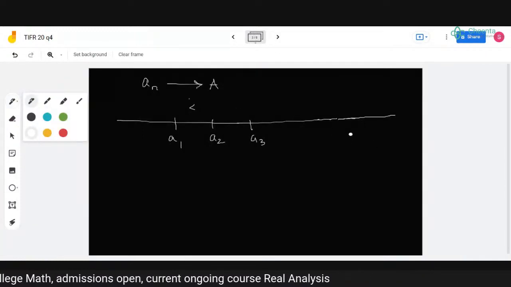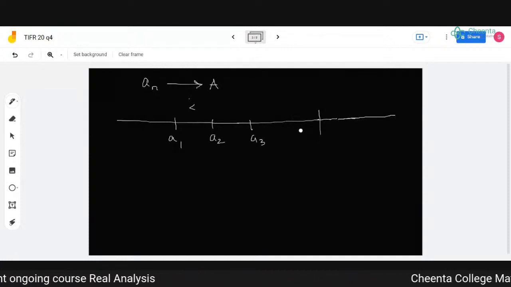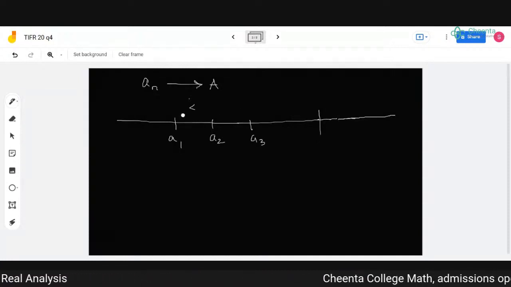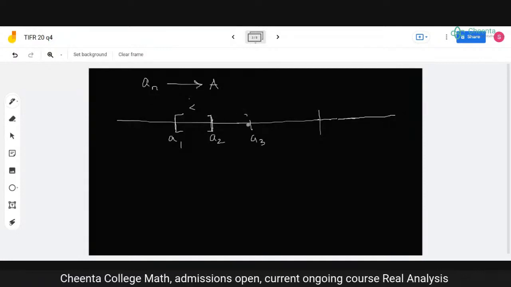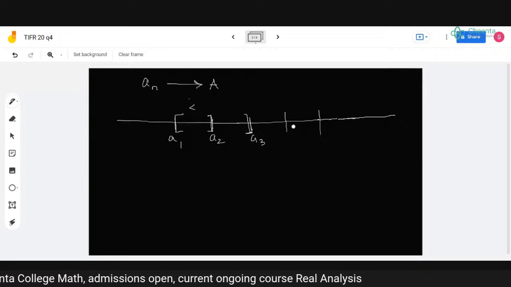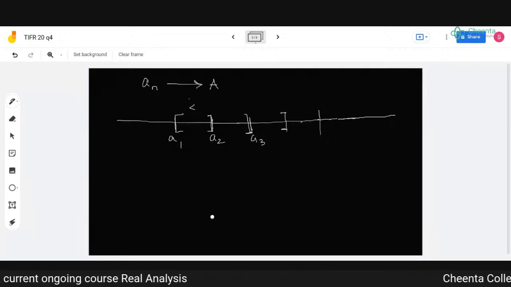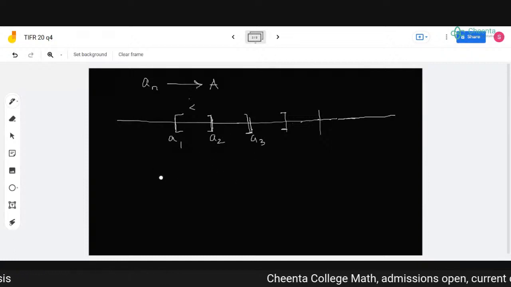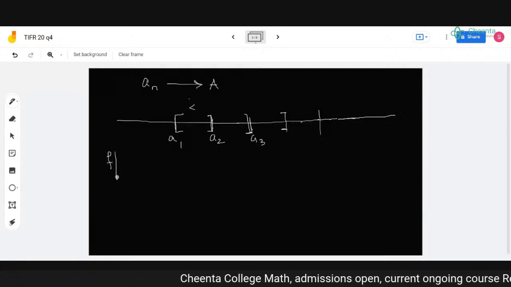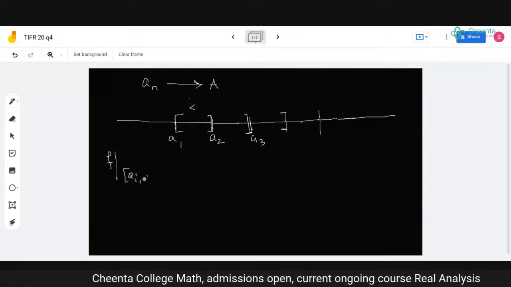Because it is a strictly increasing sequence, there is some limit here somewhere. So a1, a2, then a2, a3, all these fall right under it.